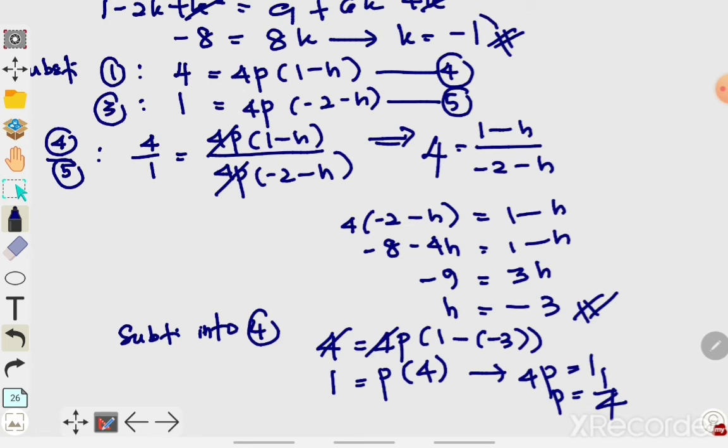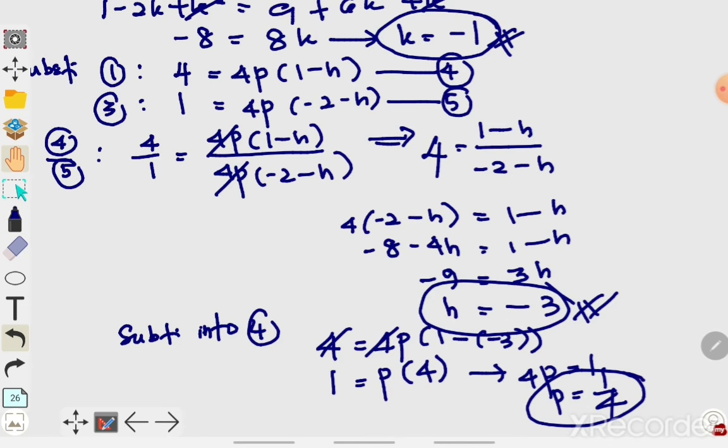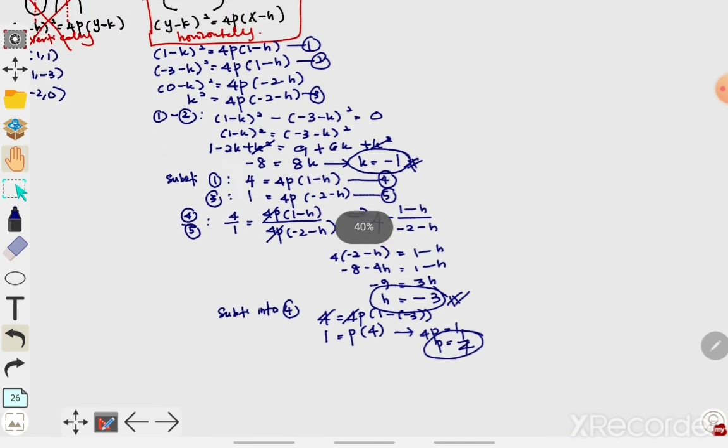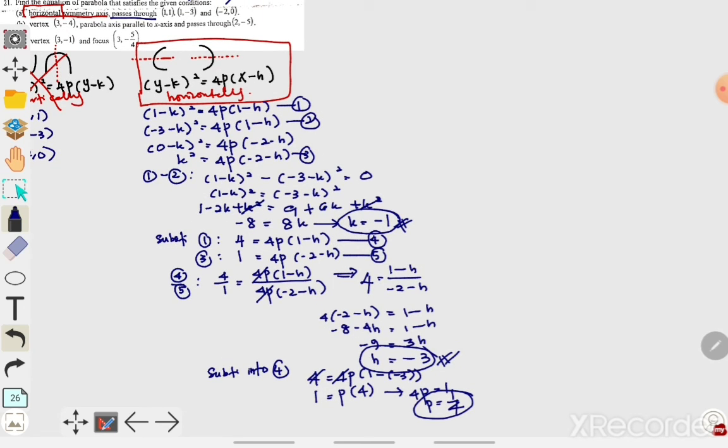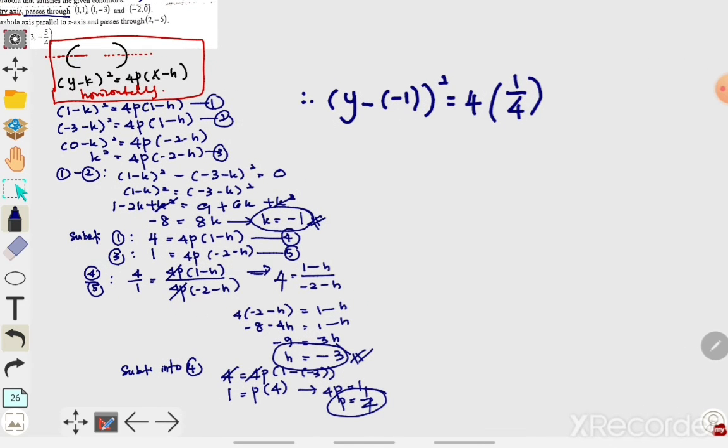Okay, everybody, you have the k value, you have the h value, you have the p value. Let's substitute into the equation. Therefore, y minus k: k is negative 1, squared, equals 4 times p, which is positive 1 over 4, times x minus h, so minus negative 3.